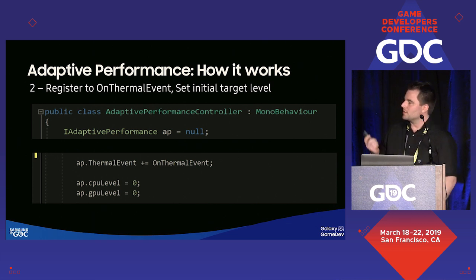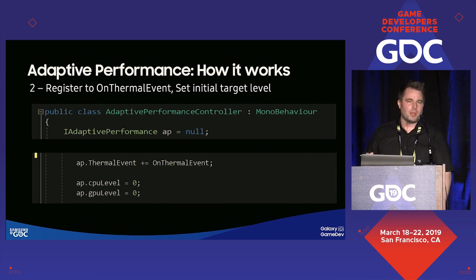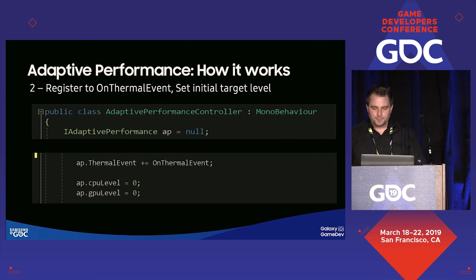In this case, for Megacity in the main menu, we set the CPU level and the GPU level to the lowest level because there is not much happening in the menu and we want to preserve energy.